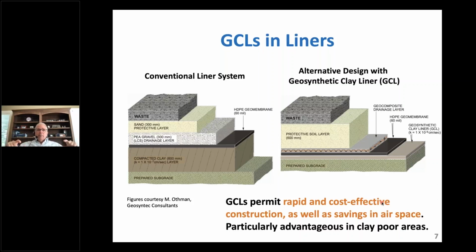Secondly, in a liner, and beneficially, it's buried. It's at depth, and significant overburden stress will be on top of that liner. I always say that overburden stress is the great equalizer. We can eliminate all kinds of flaws and defects with high stresses, and that's true in lining systems. As we build up the waste above it, we will consolidate the GCL in the lining system.